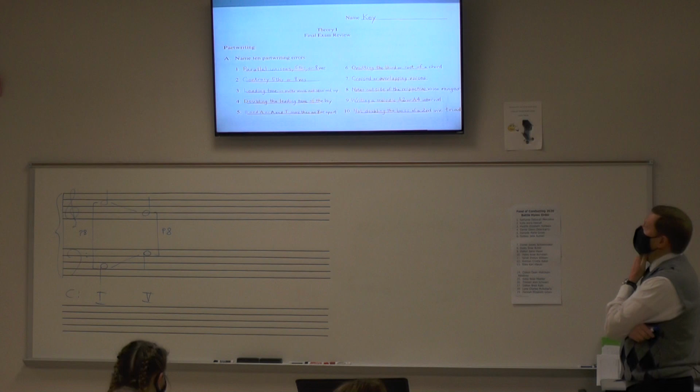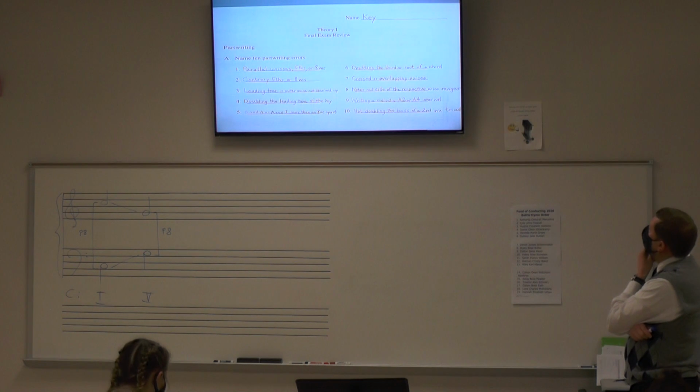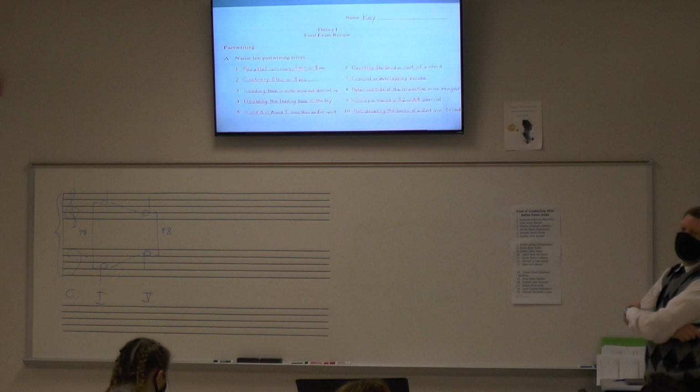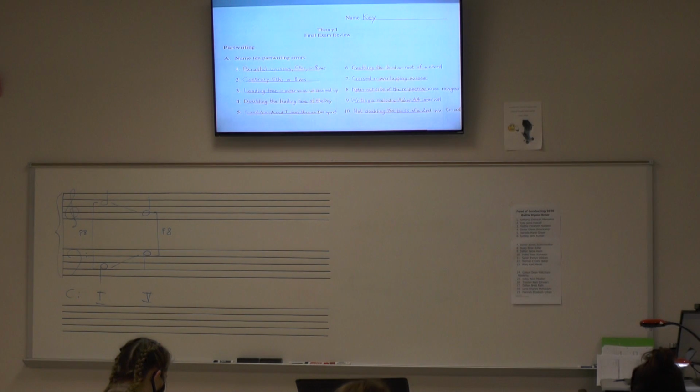Number 6, I have an error of omitting the third or the root of a chord. I know we don't intentionally do this, but when we part write, sometimes it happens by accident. Number 7, you don't want to cross voices. You don't want to have the bass, for instance, above the tenor, or the tenor below the bass, or anything like that.